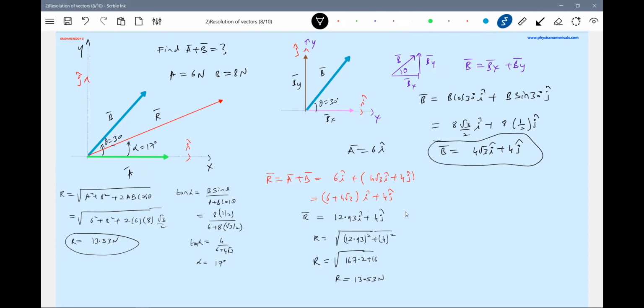This R bar, you can write it with this component, which you call the x component, and this is the y component. So then the vectors will be Rx bar, this is Ry bar, and this is the resultant.